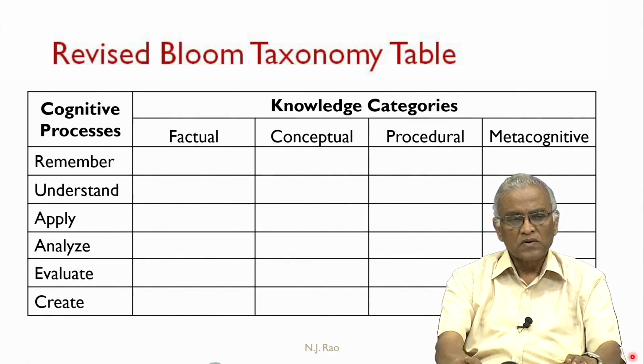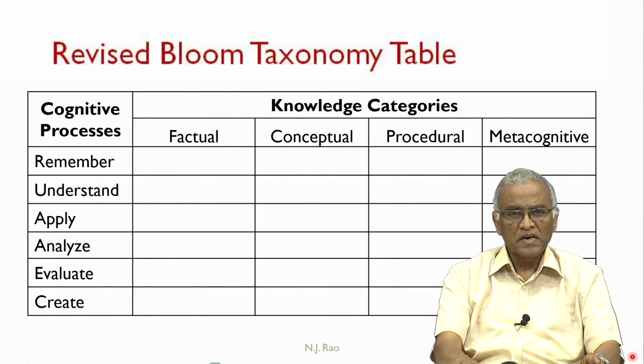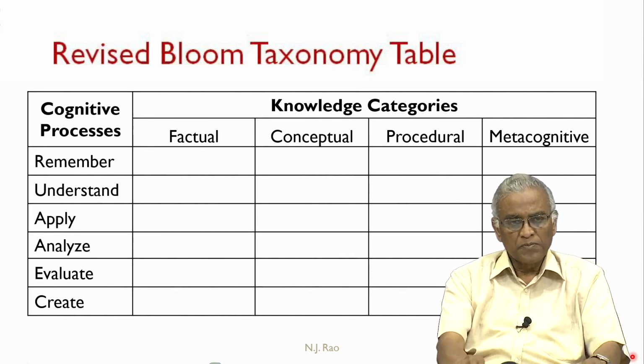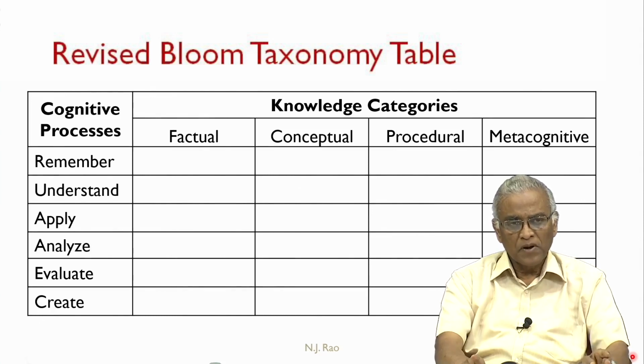Because of that sequence, we felt this would be a better representation than the original one, but both can be used. There is no distinct advantage of one over the other. It is just a little more convenient to represent the cognitive process as a row rather than a column.